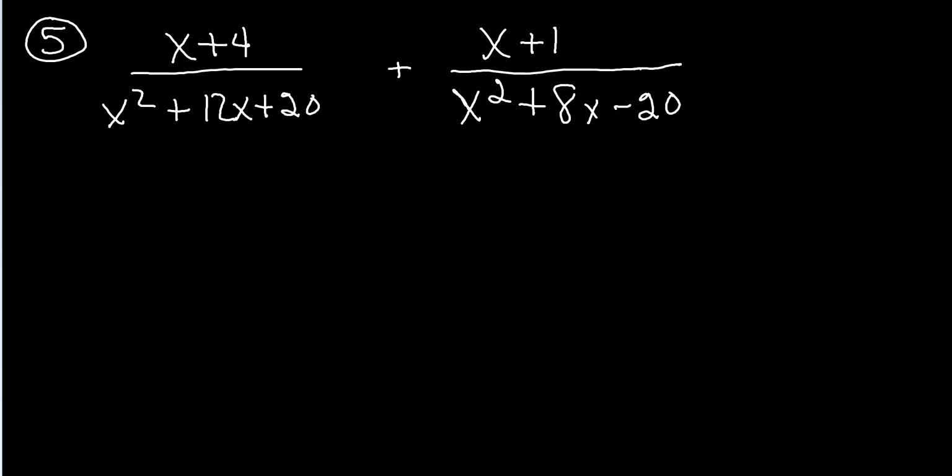All right, let's go on to number 5. Looks like a little bit larger of a problem, but we can do this. Our idea here is we want to get these denominators to be the same, but we cannot do it this way, so we have to factor them. When I factor the left side, it's going to be x times x plus 10 times x plus 2.